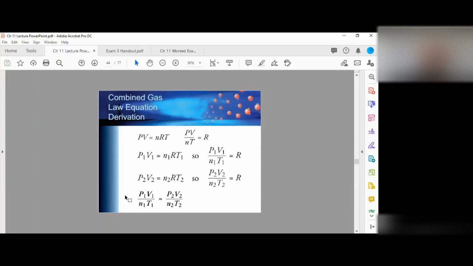You're not going to be seeing a question that requires you to deal with all this set of data, but just in case you come across a question elsewhere or in the reading material, you know that there is what we call the combined gas law. There is also another version of this gas law.